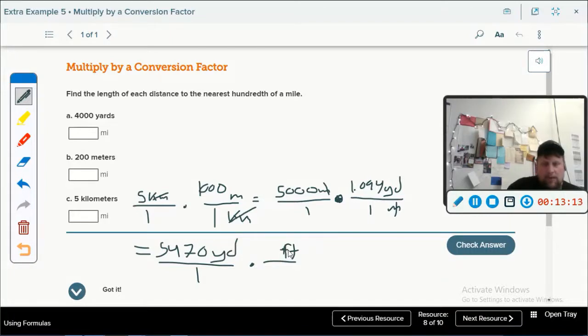There will be times we have things on the denominator, but we're not there yet. And feet over yards is what I want to cancel out. 1 yard is the same as 3 feet, but the yard's bigger as a unit. So we give it 1 yard, 3 for the feet. Yards cancel out. Times 3, 16,410 feet.